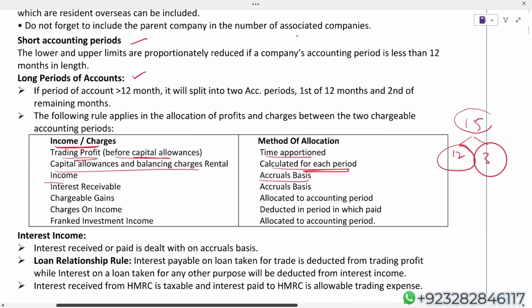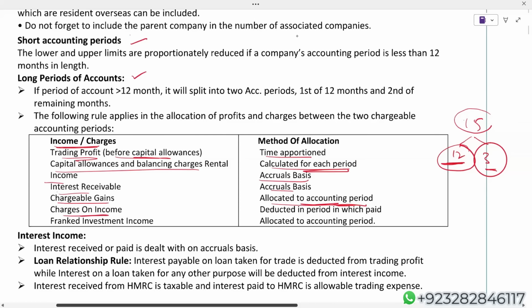Chargeable gains, you will have to see in which accounting period it falls. If the company has sold the asset in the first 12 months, then the chargeable gain will fall in the first 12 months. If that asset was sold in the last 3 months, then the chargeable gain will fall in the last 3 months. So chargeable gains are allocated to the accounting period in which they arise.